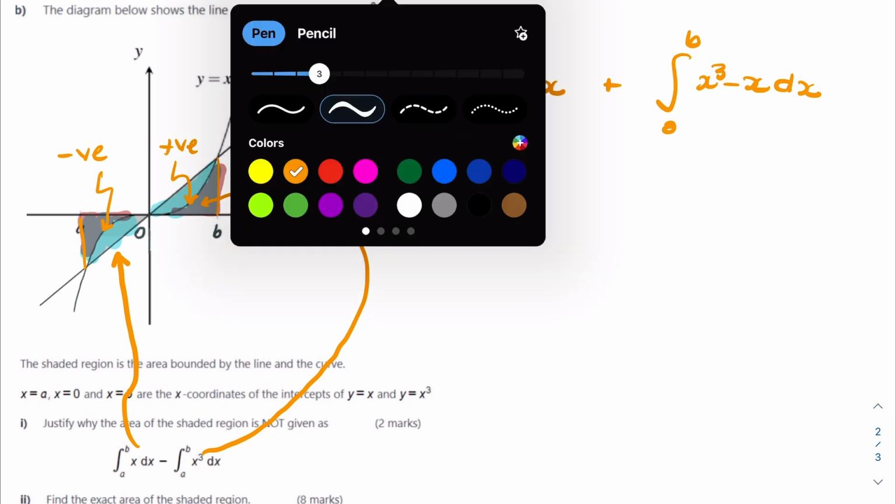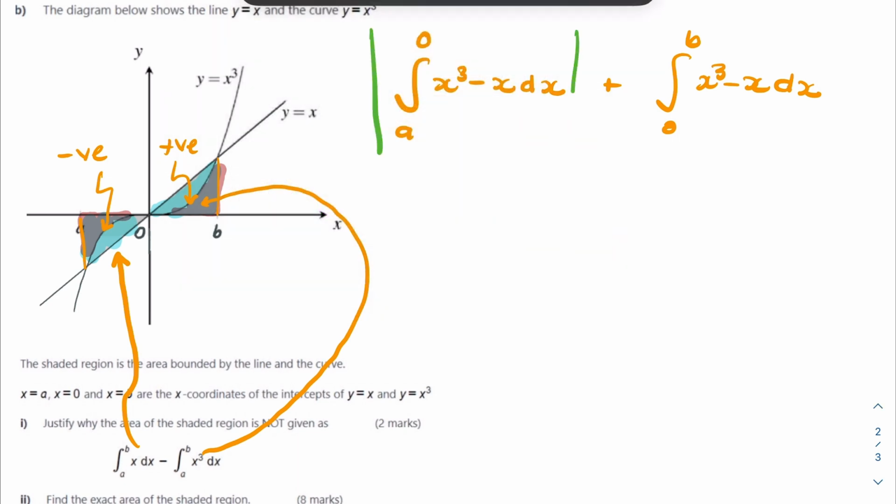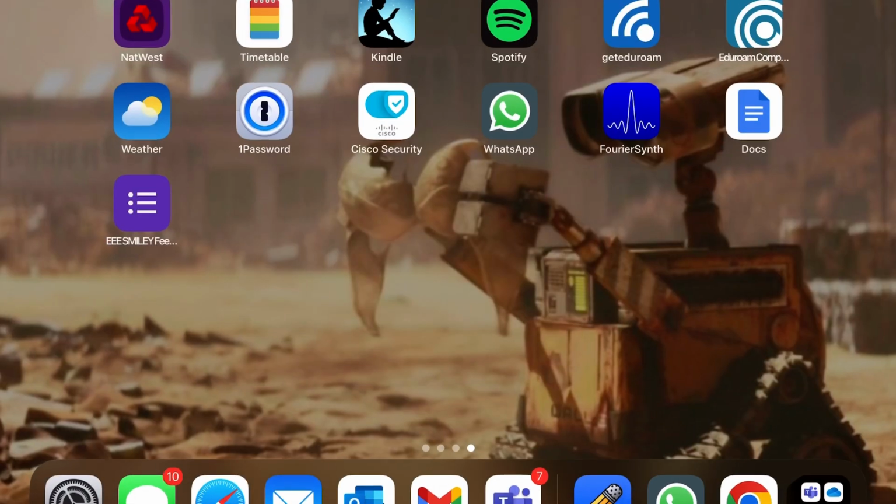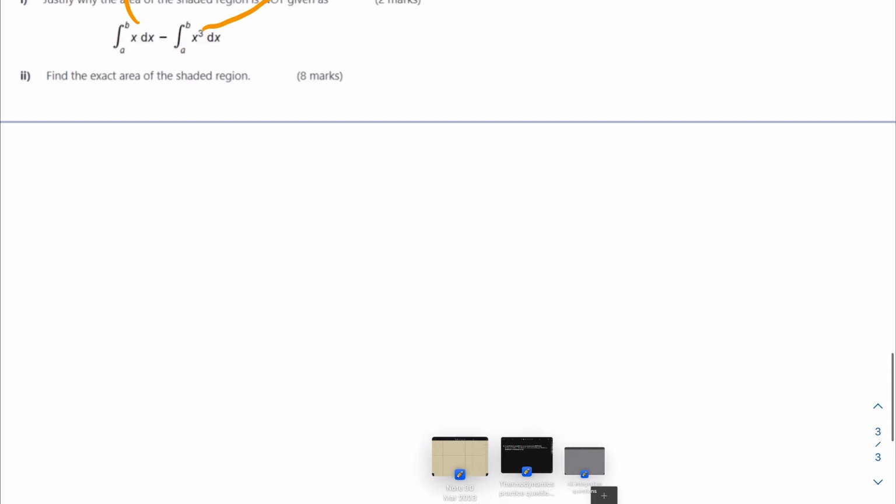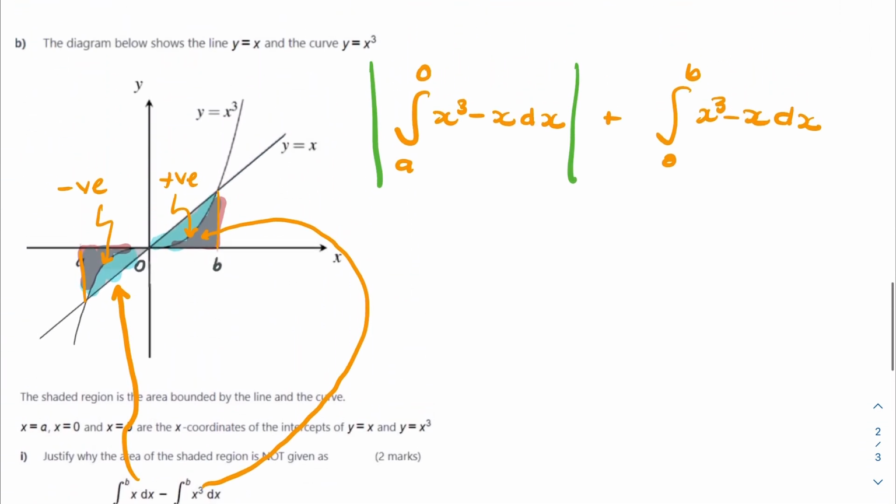So you can either put that between absolute values, or just put a minus sign next to it. Maybe it's safer just to take absolute value. So the area you get here, you make sure it's positive. Because if you don't do that, this is going to give you a negative value. So some people put a minus sign here and don't bother with that. Some people switch these limits just to make sure that you get a positive value. So however you do it, just make sure you get a positive value here.